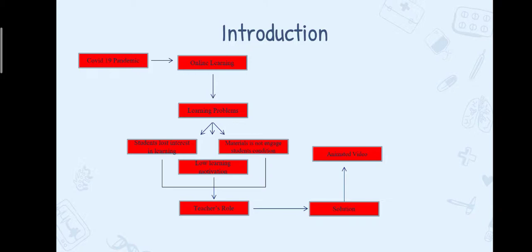These problems are very important for teachers to solve. Teacher as the main key in the classroom has to find a solution to face these problems. In this research, the researcher tried to use animated video to deliver material for students in online learning.